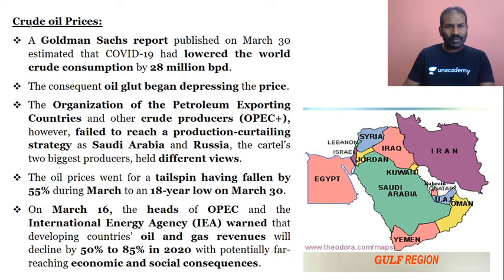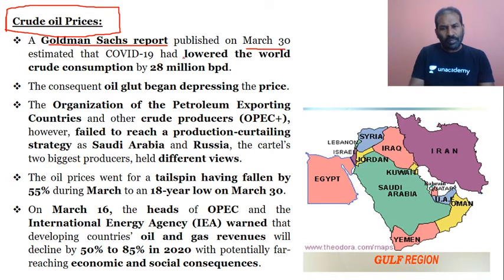And when we look at this, the reason how the crude oil prices have come down, we will look at the history of how the crude oil prices have come down. As per the Goldman Sachs report, which was published on March 30, it is very clearly stated that because of the COVID-19 pandemic, the entire global crude consumption has come down, or lowered.